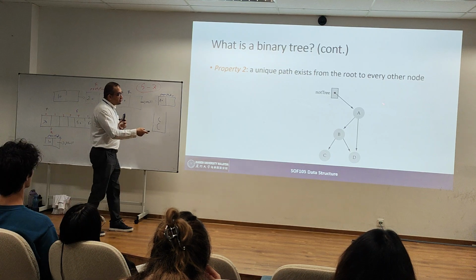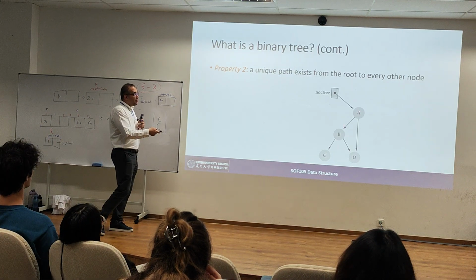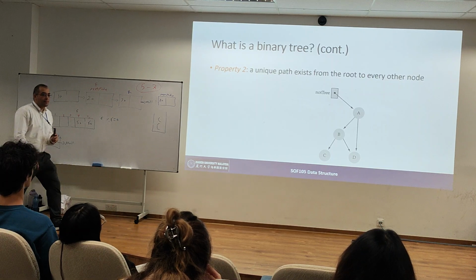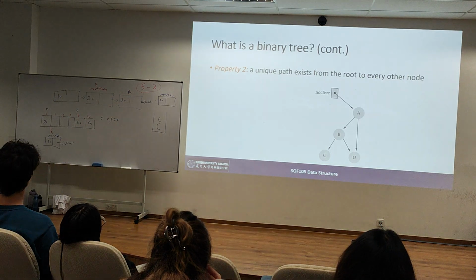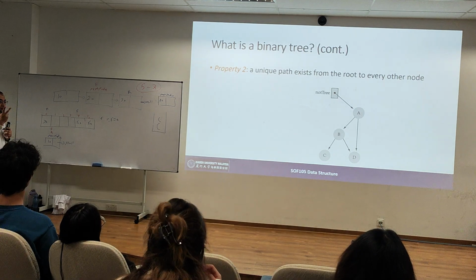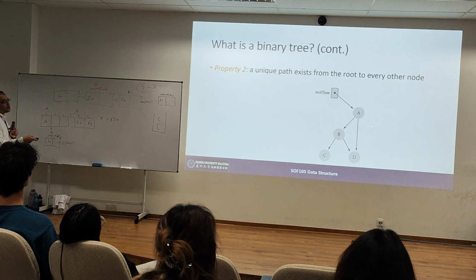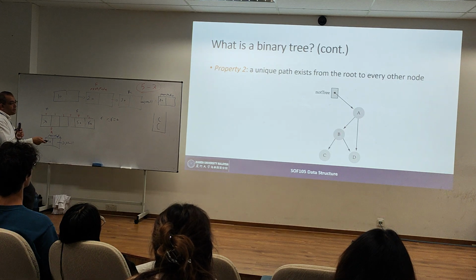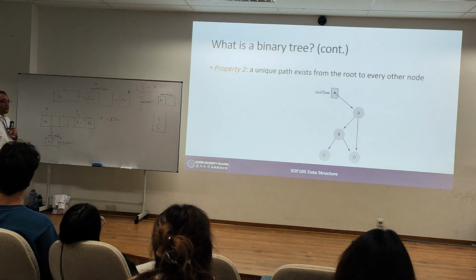So here in this tree, do I have a unique path from A to every other node? Yes or no? Is this a binary tree or not? The first property is what? Up to 2 children. So every node could have up to 2 children, right? So this rule is okay. I have 2 children. B okay. C and D both okay.